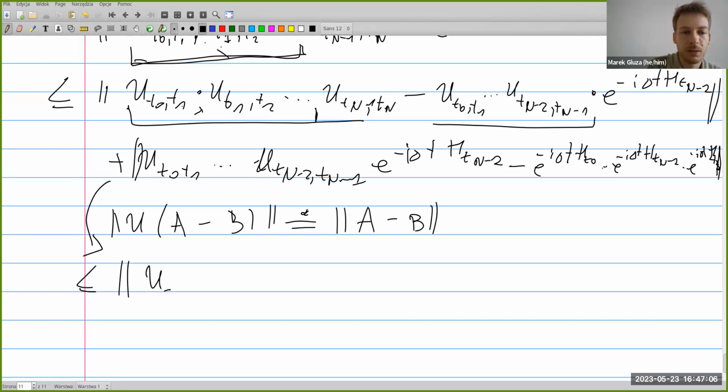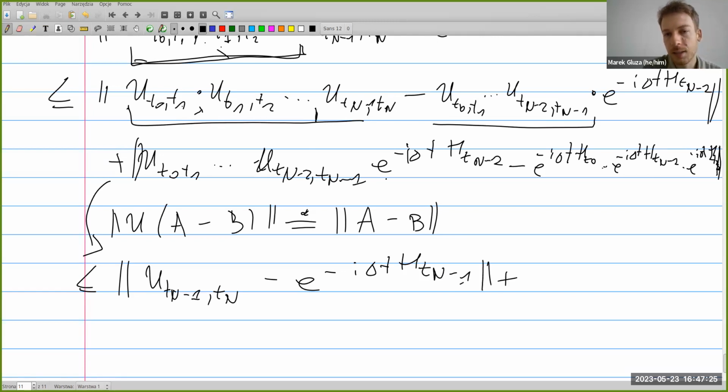The norm of U(t_{n-1}, t_n), that's our propagation in the last segment, minus e^{-iΔt H(t_{n-1})}, plus, and here I can factor out this part, so I get this with n minus 1, replacing n by n minus 1.